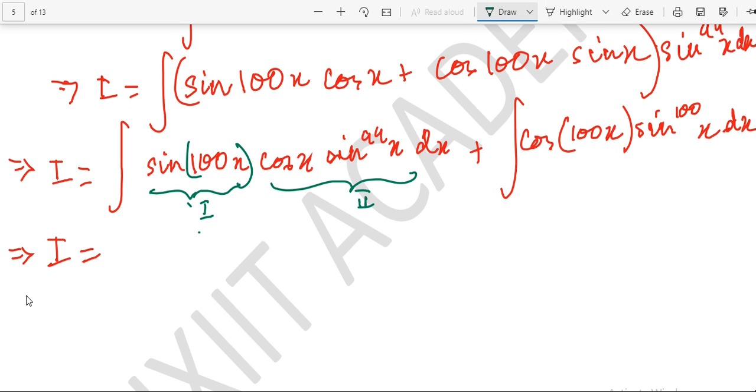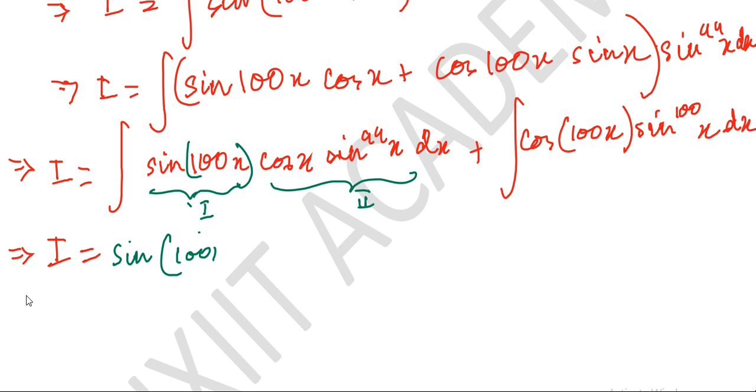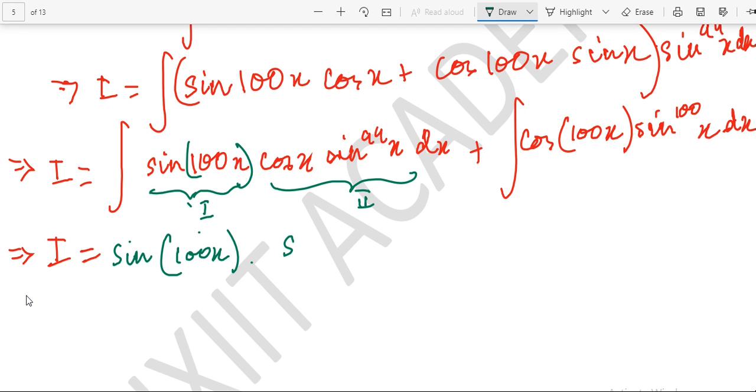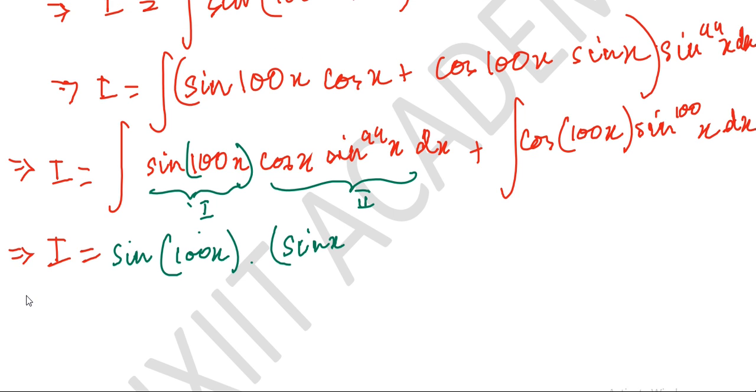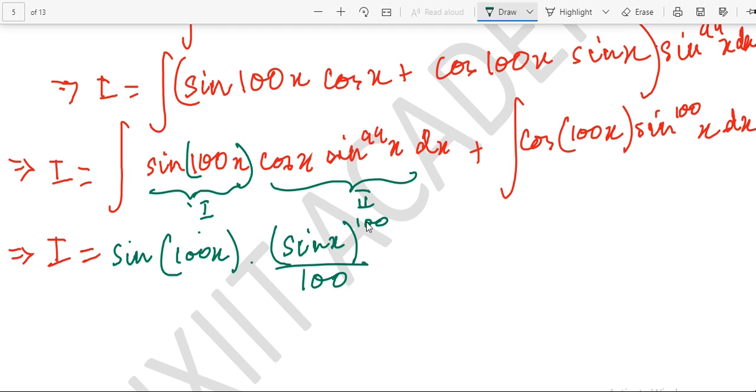If you take this as the first part and this as the second part, then we are simply going to integrate by parts. Sine of 100x multiplied by the integration of the second function, which is sine x whole to the power 100 by 100.